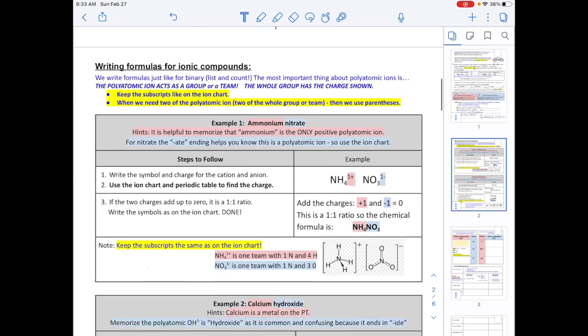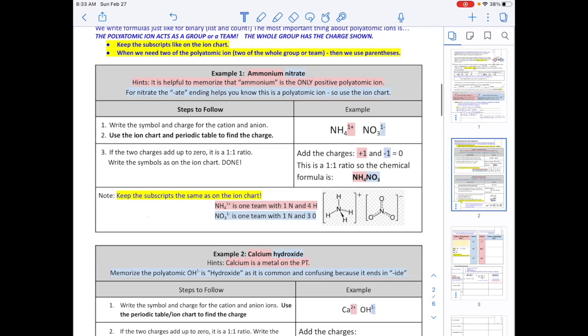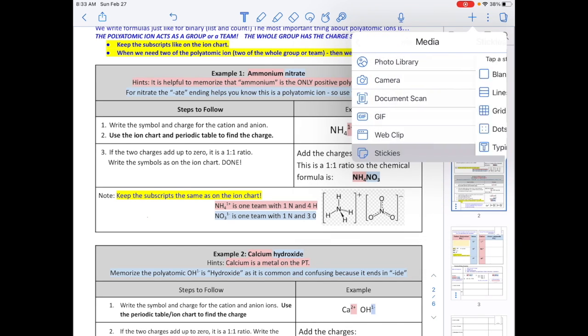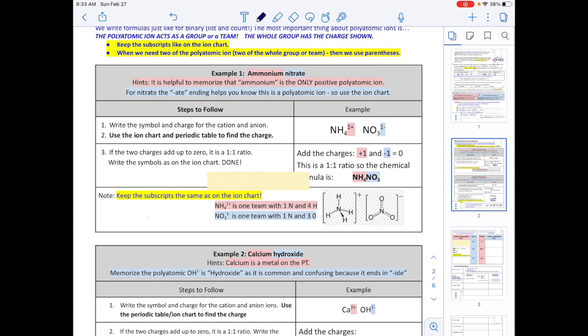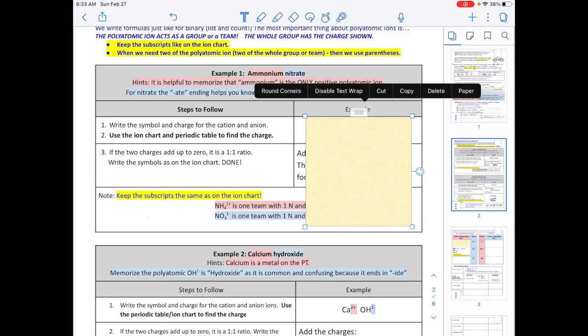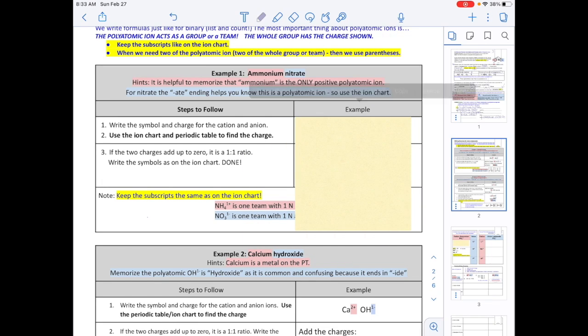Okay, let's keep going. So here's an example. I'm going to make a Post-it and cover that up so we can do it together. All right. So we're going to name this one that's called up here, example 1.